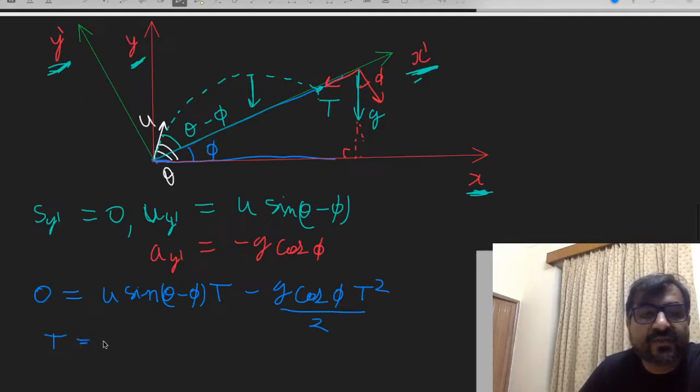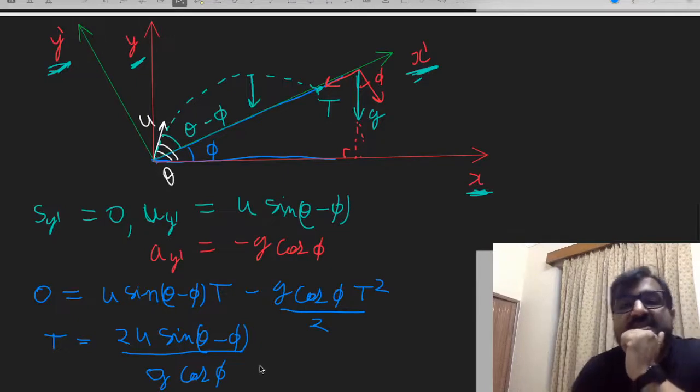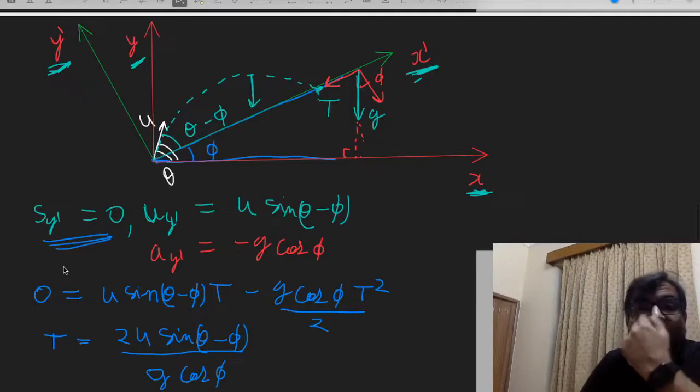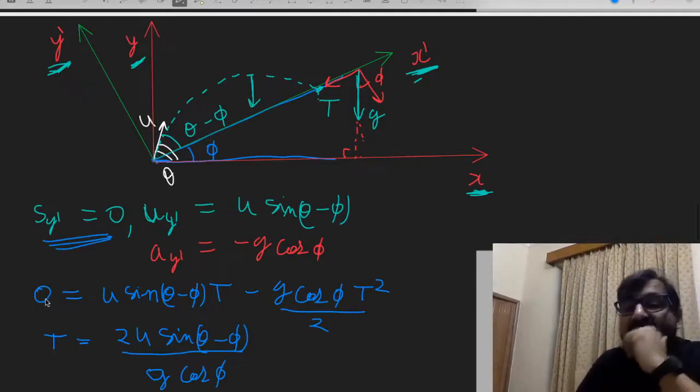You will get t is equal to 2u sine theta minus phi upon g cos phi. This is the time of flight. You see how easy it was, because we were able to predict the coordinate. So the choice of coordinate for finding time of flight is definitely this x dash and this y dash.